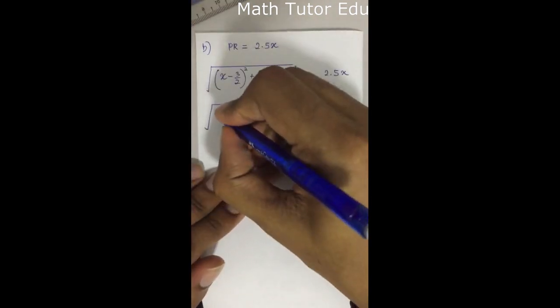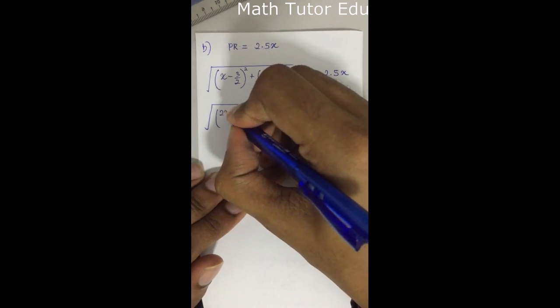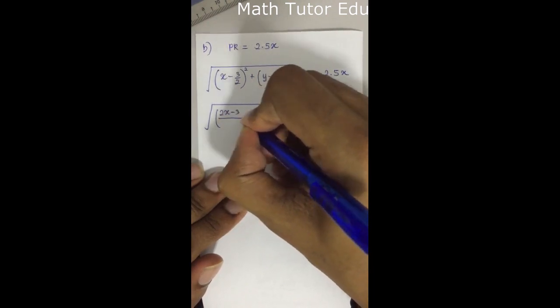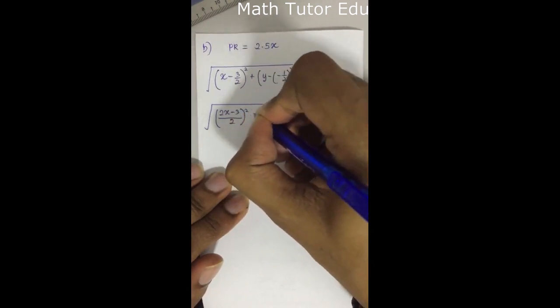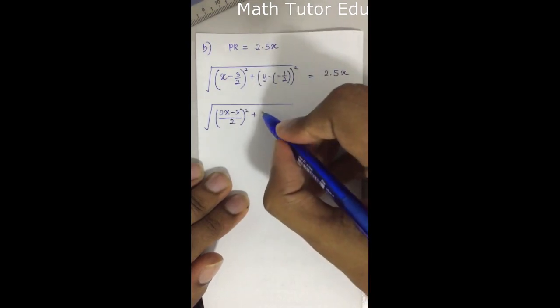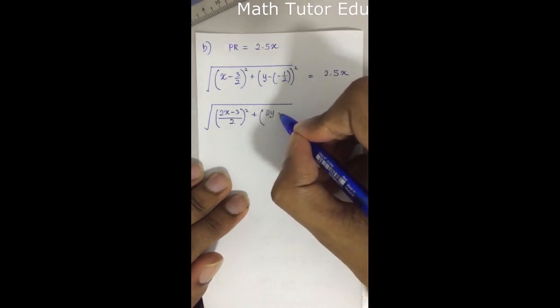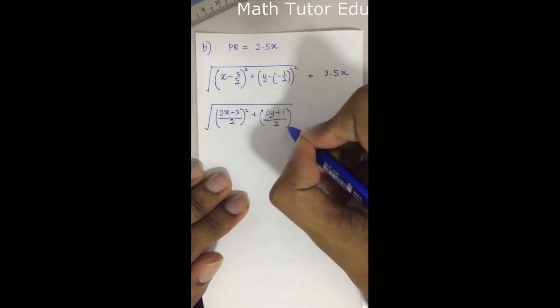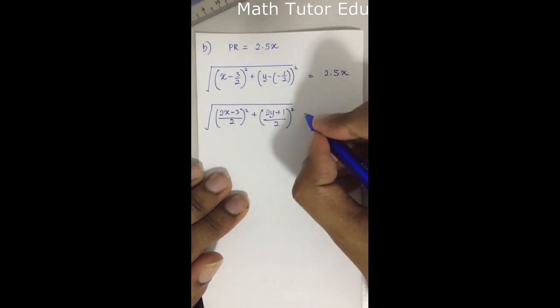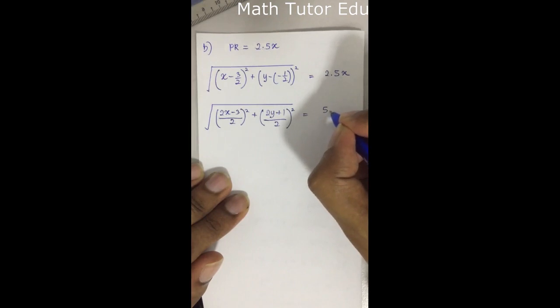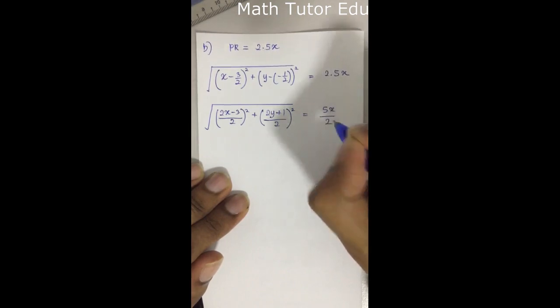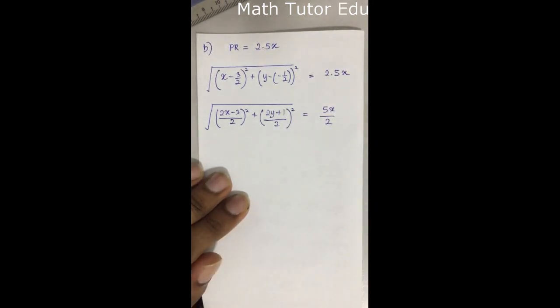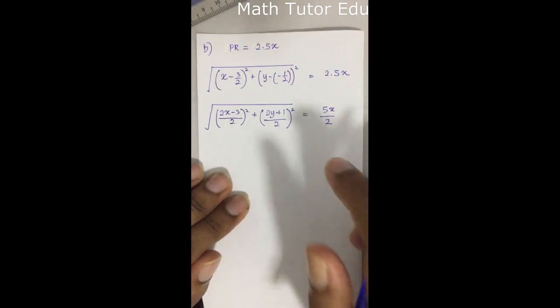So from here you get 2x minus 3 divided with 2, square, plus 2y plus 1 divided with 2, square. Okay, and then you equals to 5x over 2. Okay, so for the next step, we're going to square both sides of the equation.